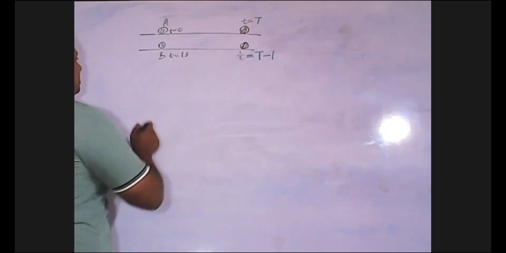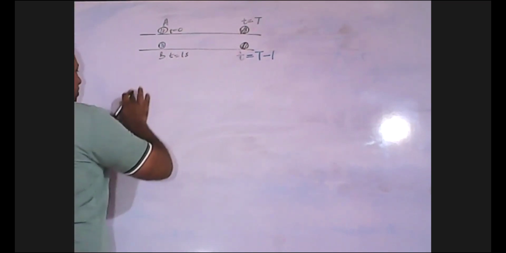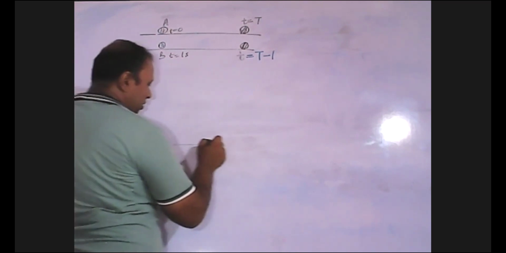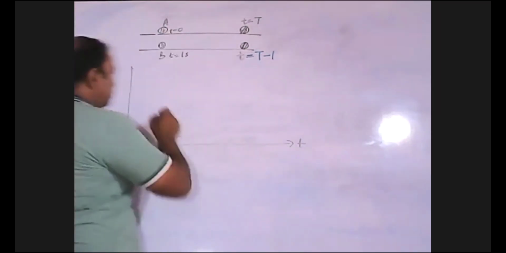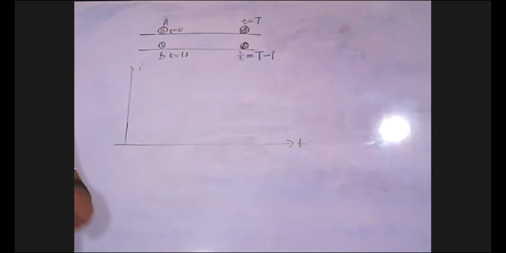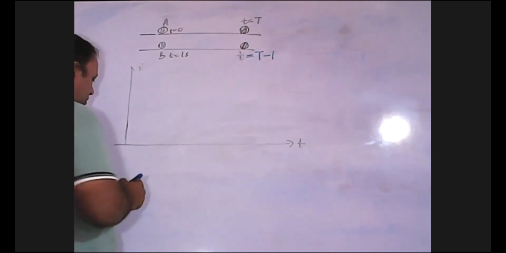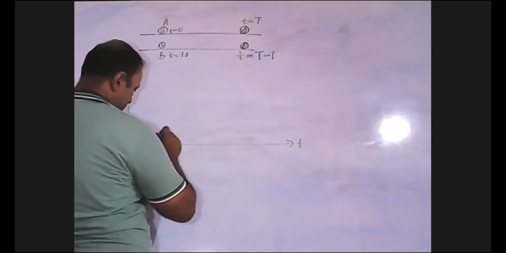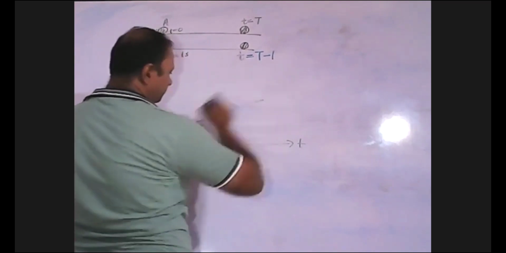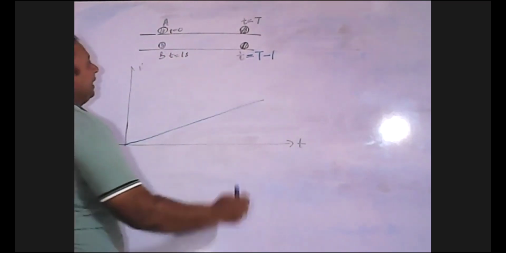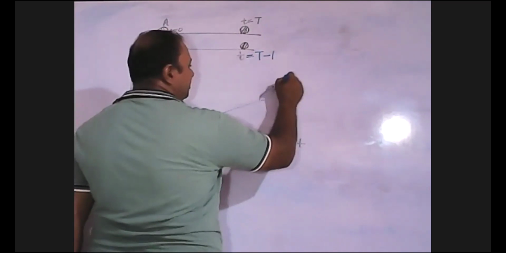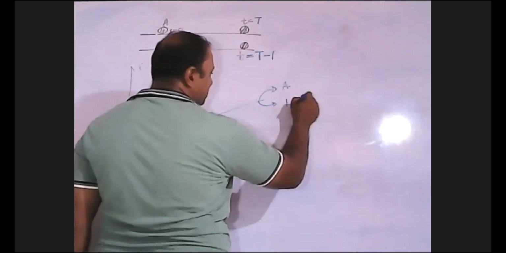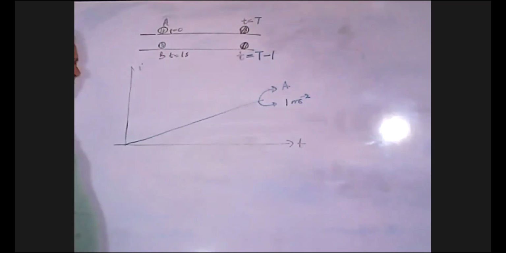Okay, now we can draw the VT curves of A and B on the same graph. This one is A. A has an acceleration which is equal to 1 ms minus 2.